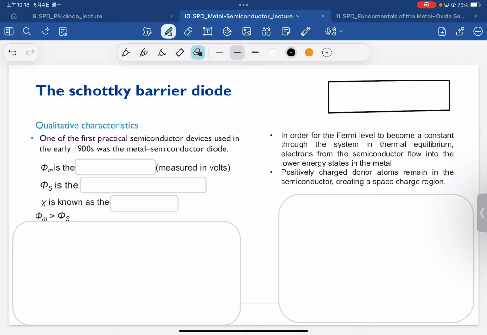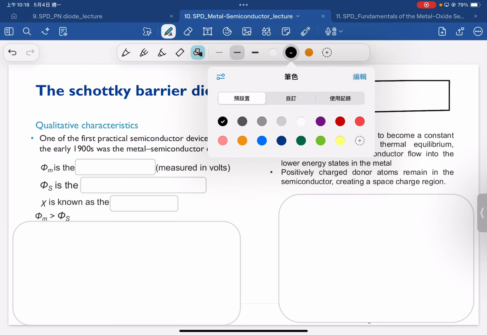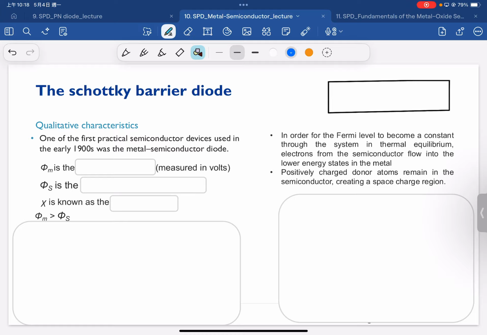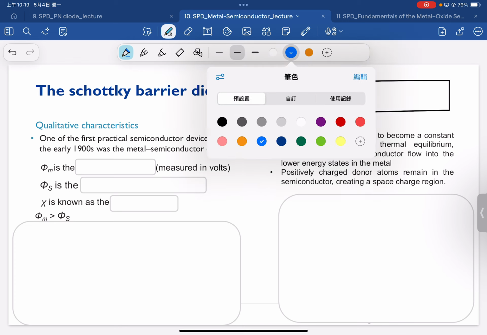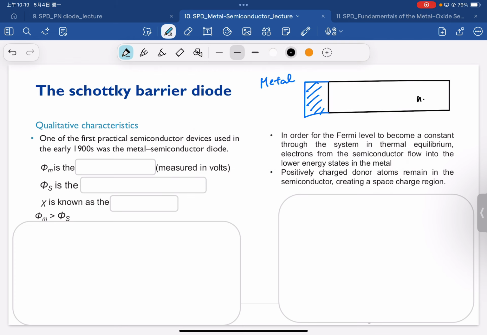If we have a piece of semiconductor here, and then we put a certain metal on top, and for example, let's assume we have the N-type semiconductor, in reality we will find that the metal and semiconductor still form a depletion region here.